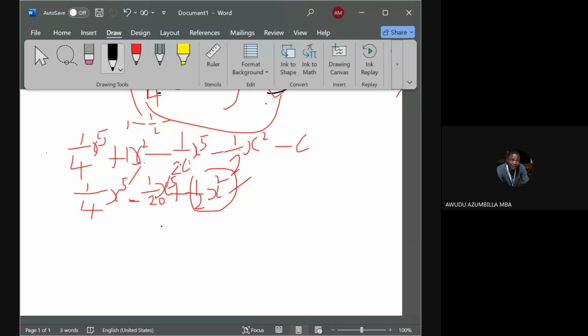Are we following? Yes, doctor. 1/4, 1/20. Just take your calculator and subtract. Do 1/4 minus 1/20, and let's see. Because the x here and here are the same, you can just subtract them directly. 1/4 minus 1/20.